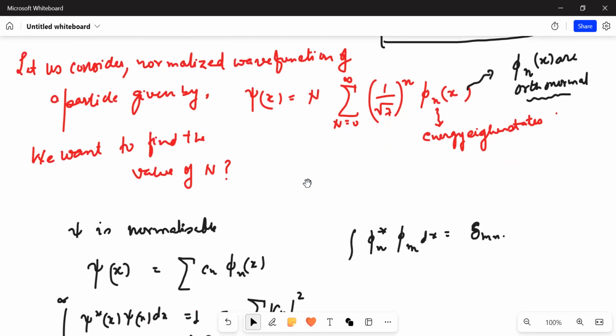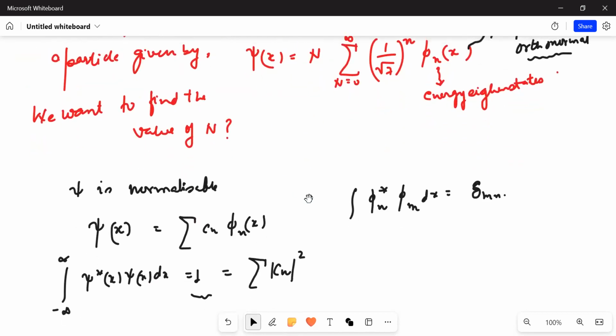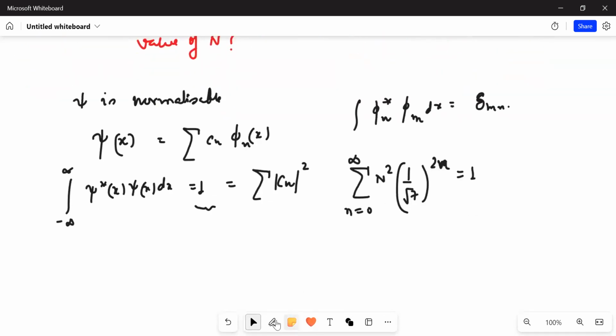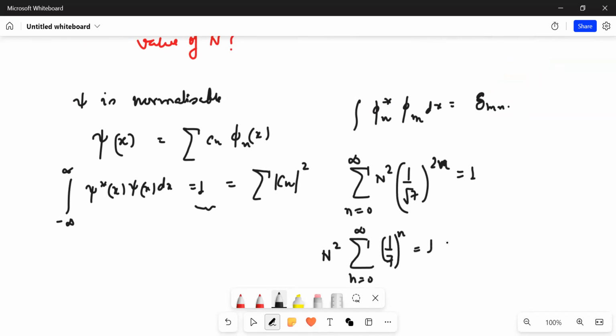Now, how would I find this N? I know that psi(x) is normalizable, which implies that the summation of mod c_n whole square should be 1. And what is c_n here? It is N times 1 over root 7 raised to power n, so mod c_n square is N square times 1 over 7 raised to power n, summed from n equal to 0 to infinity, and it should equal 1.